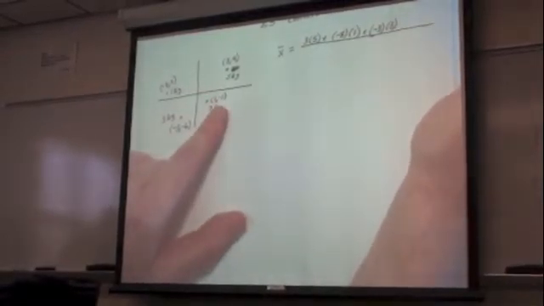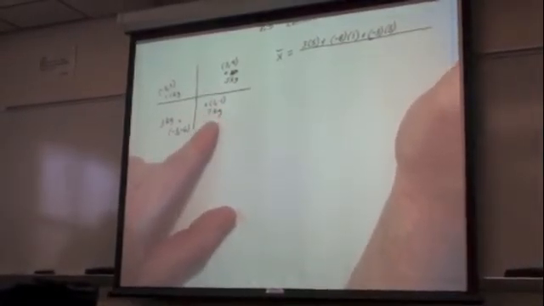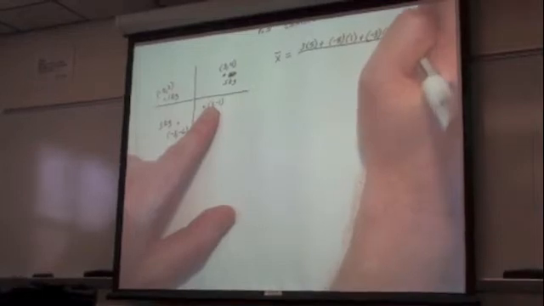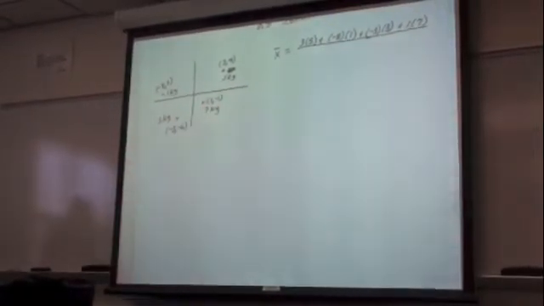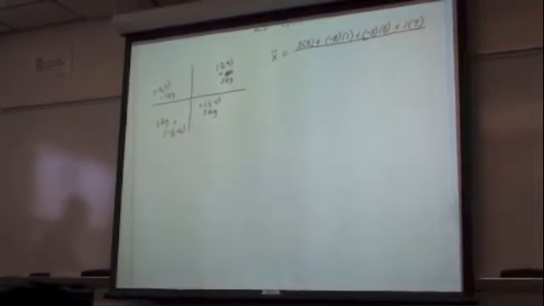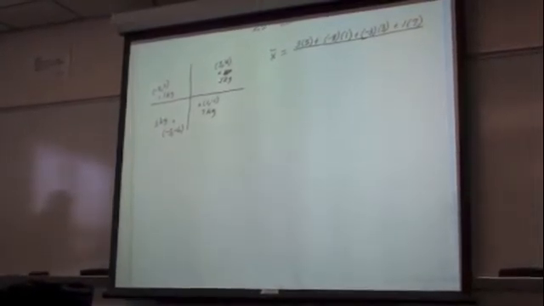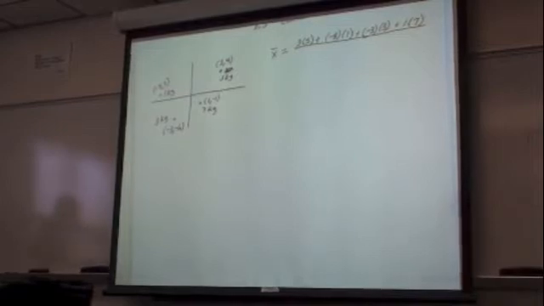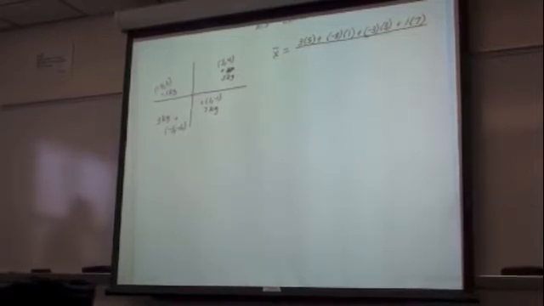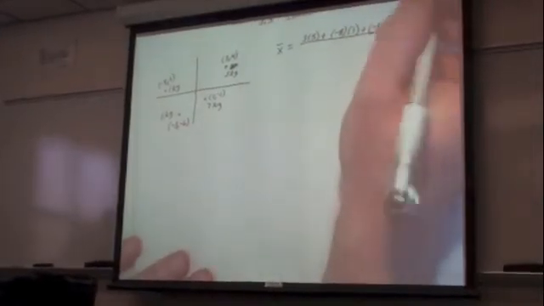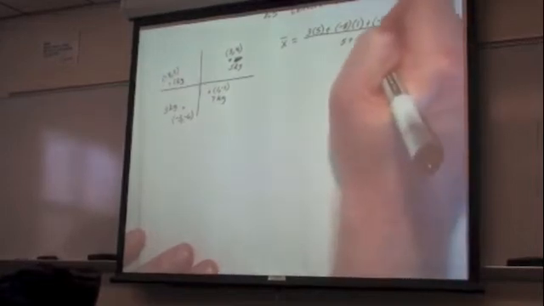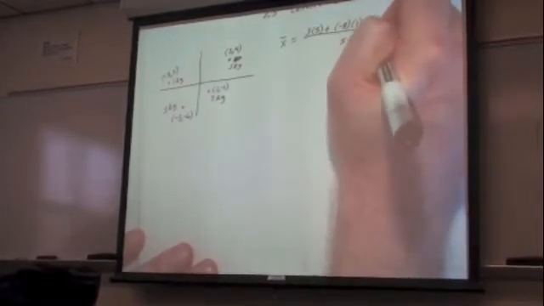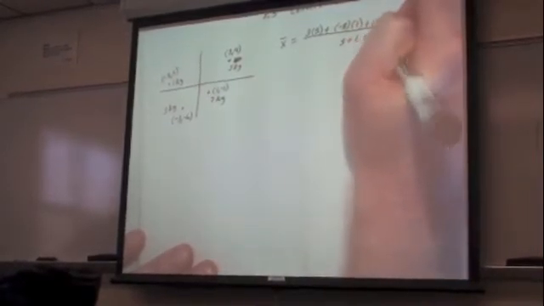Plus a 7 times 1, or sorry, 1 times 7. I'll keep the same order. I know the ones to the right of the y-axis are forcing the average x value to the right, the ones on the left forcing it to the left. Now, all of this is divided by the sum of the masses, which is just 5 plus 1 plus 3 plus 7.